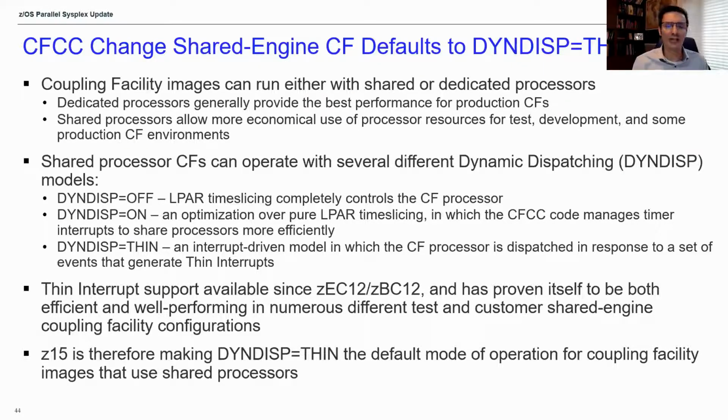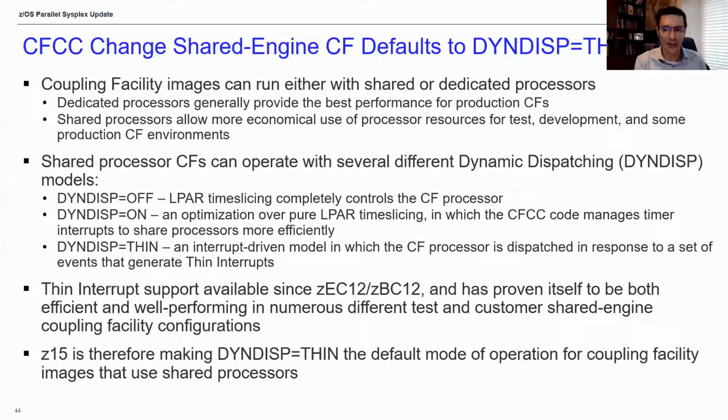In the zEC12 timeframe, they went to an interrupt-driven model as an alternative dispatching model for the shared engines. And so this is a way for the link hardware to now generate an interrupt when something arrives in the link buffer. That interrupt is going to cause PR/SM to say, oh, I need to give control to this CF because there's work to do. So this, of course, is a logical way to do things.